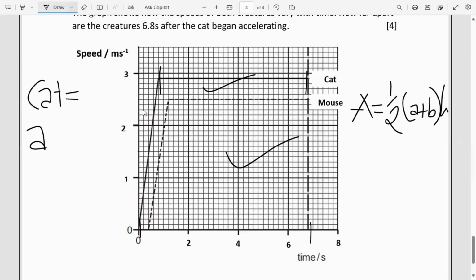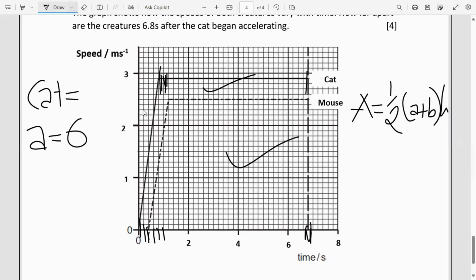We have 0, 0.2, 0.4, 0.6, 0.8, 1. So if 1 is here, and we follow this graph up to there, you can see that it's starting from 0.8. So when counting our A, we're going to start from 0.8 seconds. Which means from the 6.8 seconds where this graph is ending here, we're supposed to subtract 0.8 seconds, so our A is equal to 6.